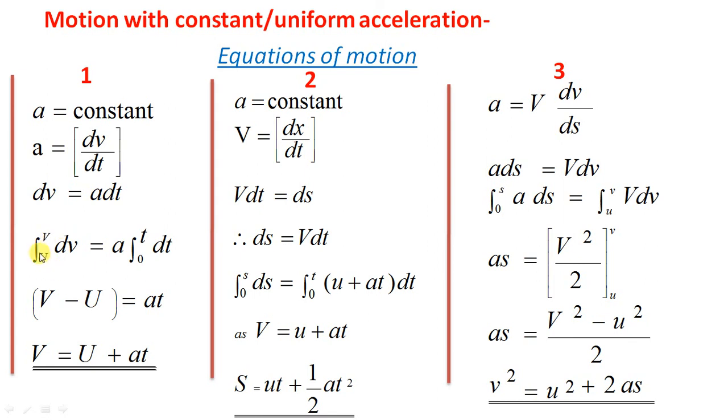So the velocity is u when the time t is equal to 0, and velocity is v when time is equal to t seconds. The integration of dv is v, substituting the upper limit minus lower limit, that is v minus u, and the integration of dt is t minus 0, that is t. So you get at. So v minus u is equal to at. Rearranging the terms, you get v is equal to u plus at. This is the first equation of motion.